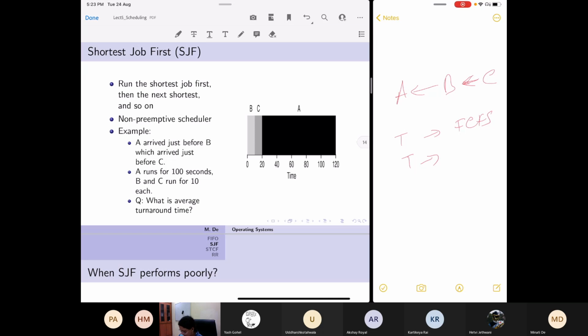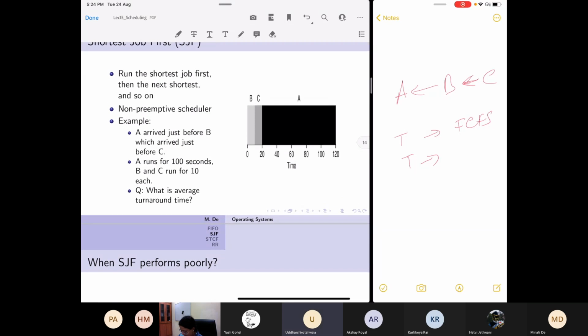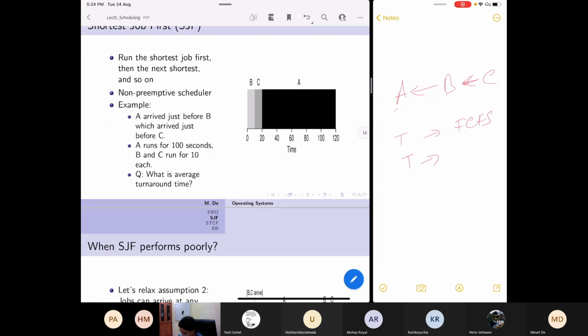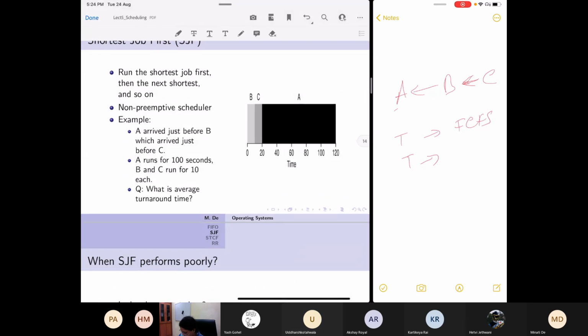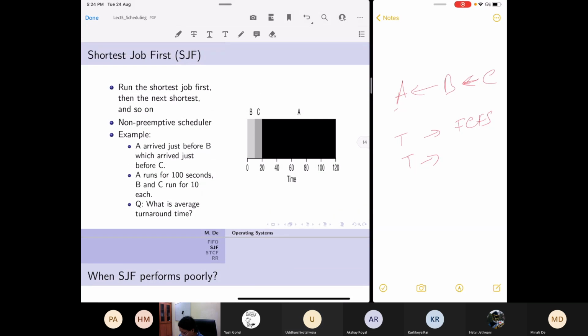So if it is scheduled by shortest job first, the scheduling would be as given in this picture, right? And if it is first come, first serve, A came first, so A should be scheduled first, right? So the picture would look like this, just the opposite.